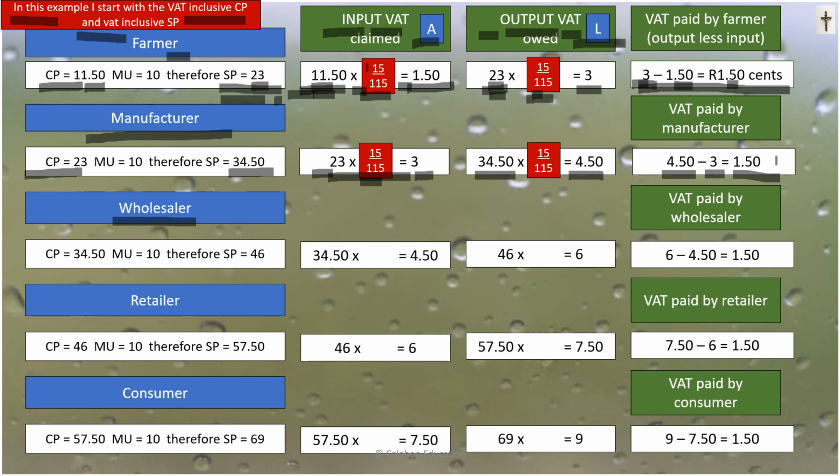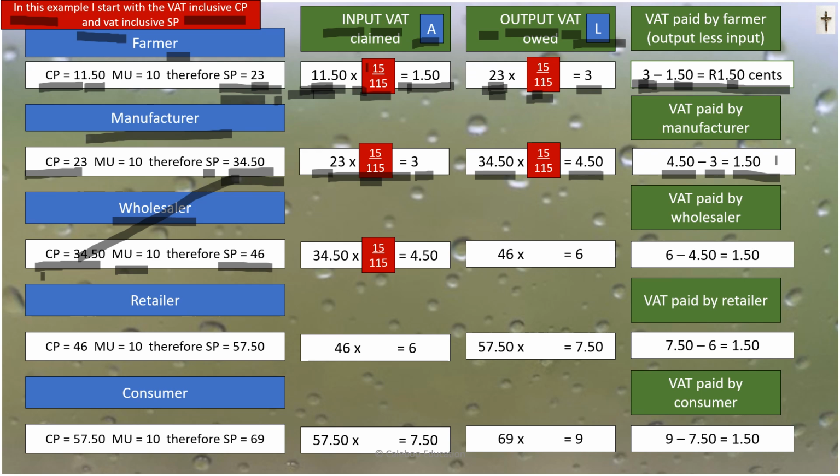Onto the wholesaler. The cost price of the wholesaler includes VAT. It was the selling price of the manufacturer. The selling price becomes the cost price at the next level of production. The markup is still 10, but we're looking at the cost price and the selling price in order to calculate input VAT and output VAT. The selling price including VAT is 46.